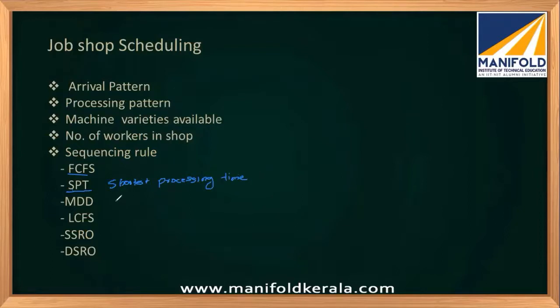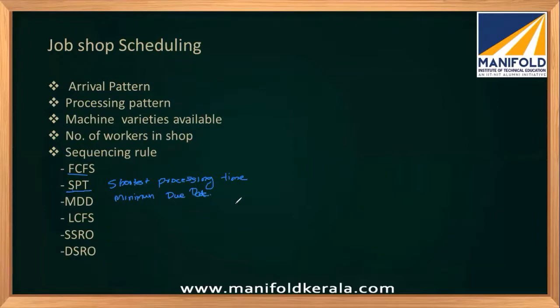Now it could be MDD. MDD means minimum due date. As I already told you, there will be a due date for all the jobs. When the customer gives an order, we have to deliver our product in a specific time, so we have the due date for that particular product. For meeting that due date, a lot of processes have to be done before that, so every process has a due date.